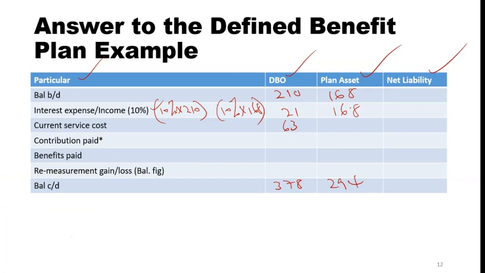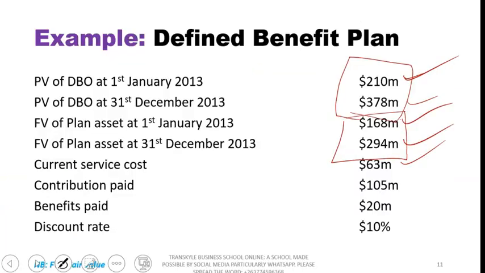Now, let's see if we have got contribution that has been paid. Yes, we have got the contribution that has been paid. Now, when a contribution has been made, what happens is that we're going to debit plan asset, because remember I said that whenever contributions are made, they are increasing the defined benefit plan.